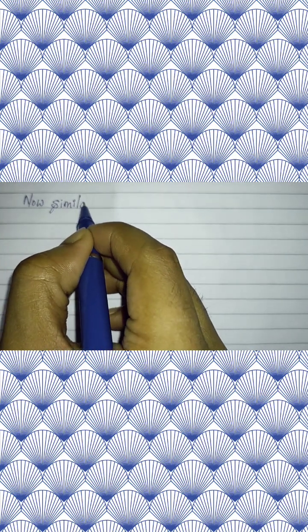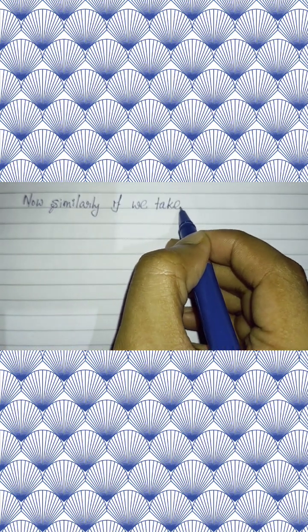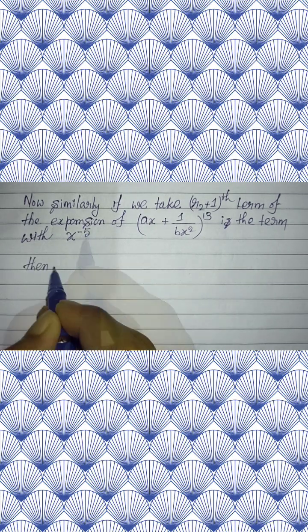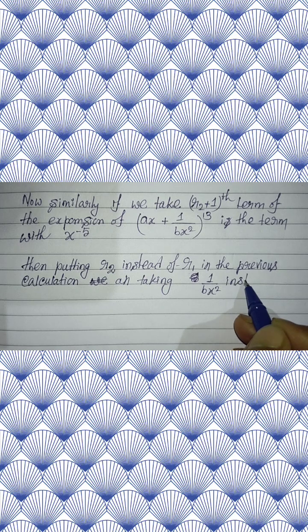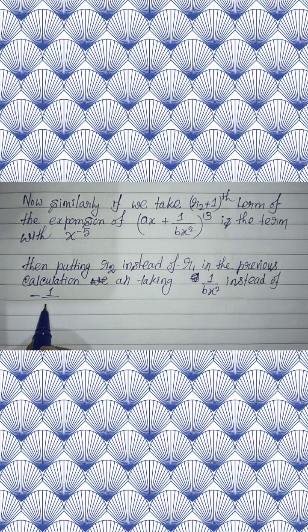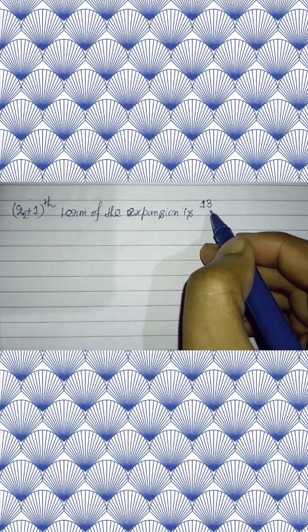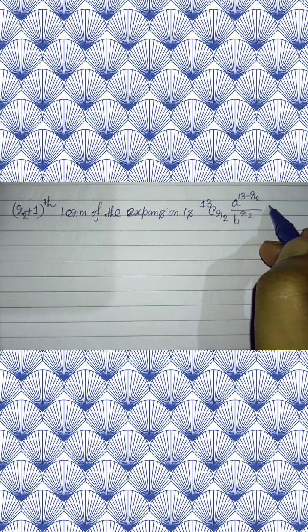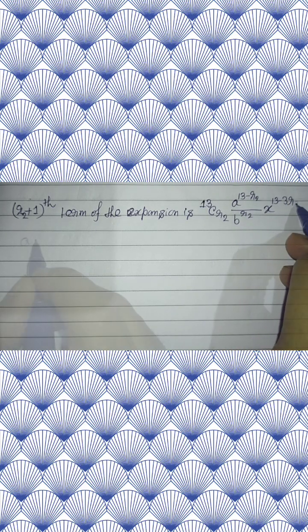Now similarly, if we take the (r2+1)th term of the expansion of (ax + 1/(bx^2))^13 as the term with x to the power -5, then putting r2 instead of r1 in the previous calculation and taking 1/(bx^2) instead of -1/(bx^2), we get the (r2+1)th term is 13Cr2 a^(13-r2) divided by b^r2 into x^(13-3r2).